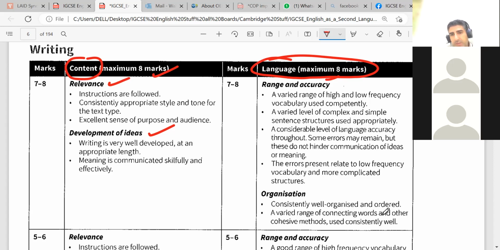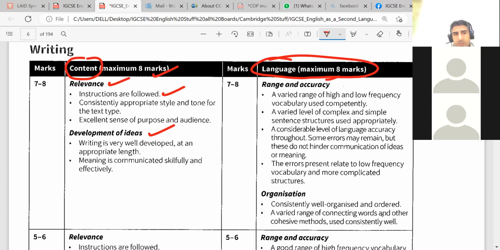Your ideas must be relevant to the given topic. So when I check the relevance of your writing, the examiner checks what? Number one, are you following the given instructions in the questions or not?